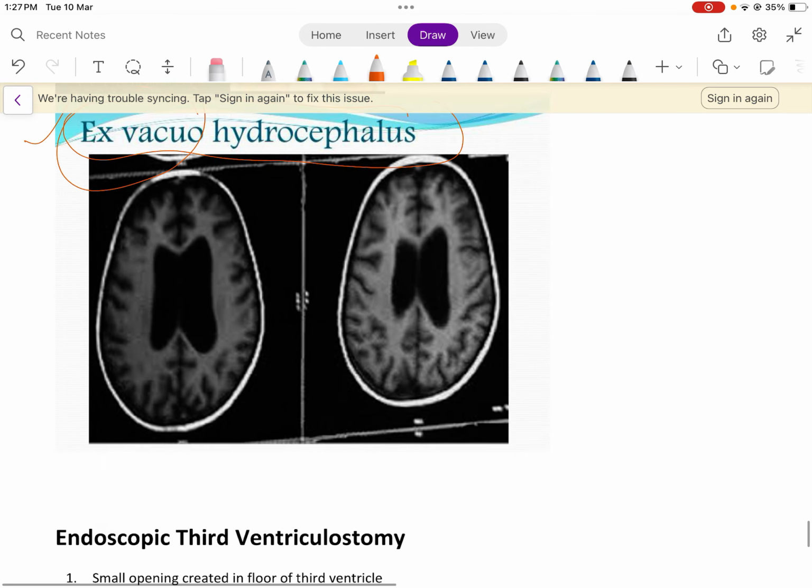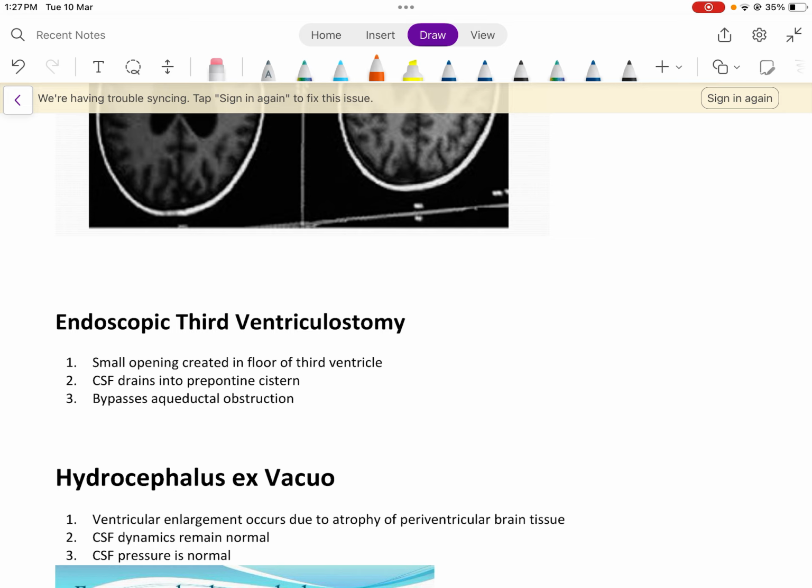One more thing that you can do apart from lumbar drain and ventriculoperitoneal or ventriculoatrial shunting is endoscopic third ventriculostomy. Okay, the concept lies in the name. A small opening is created in the floor of the third ventricle. The CSF is going to drain into the prepontine cistern, and it is going to bypass aqueductal obstruction.